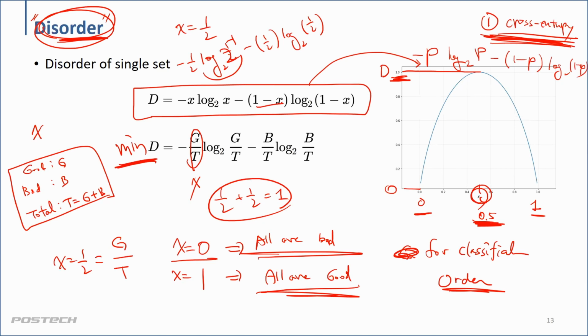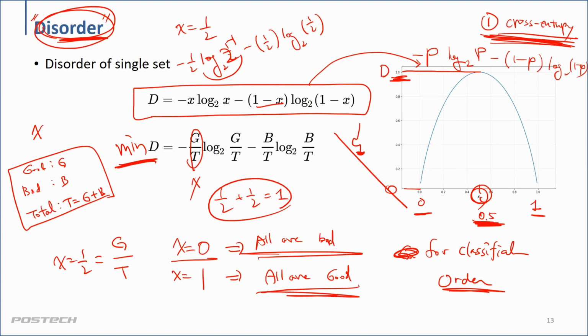So cross entropy is a metric for disorder. In logistic regression, we find linear boundaries that minimize the disorder.